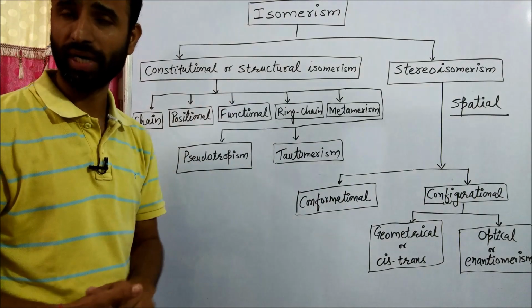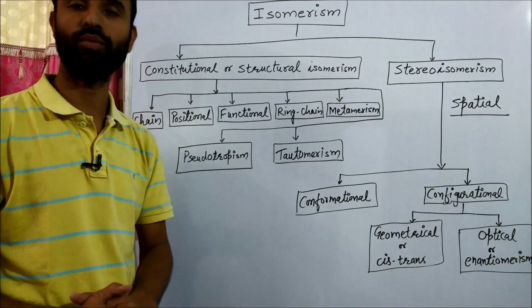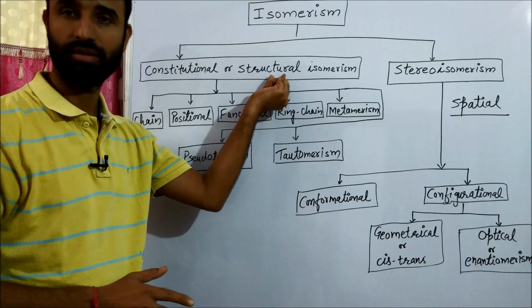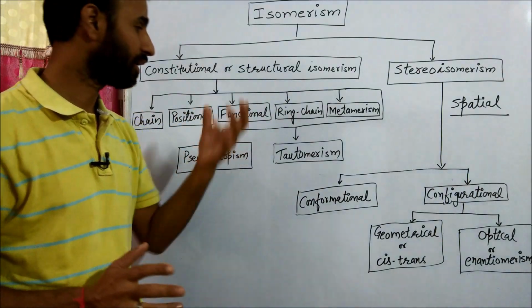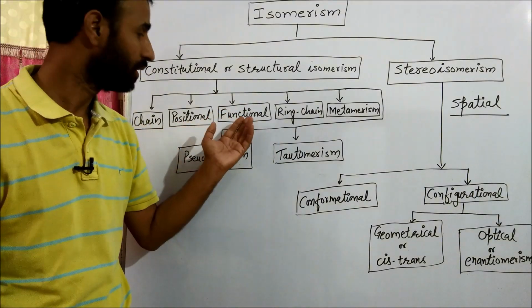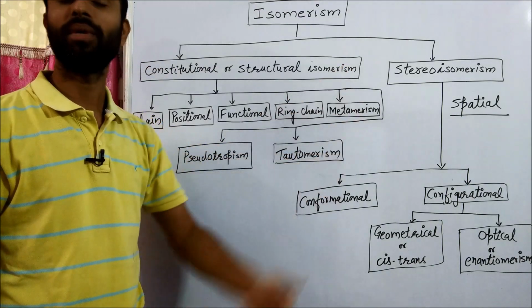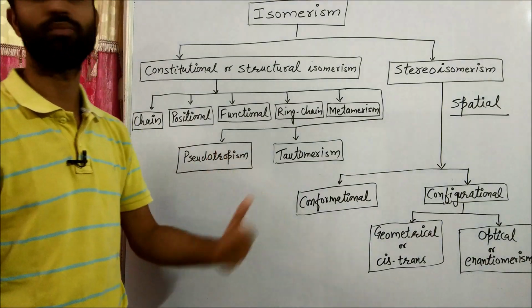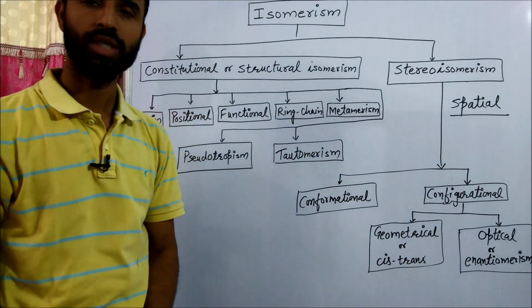It can be defined as different molecules having the same molecular formula but different structural arrangements, and they are classified as chain, positional isomerism, functional isomerism, ring chain isomerism, metamerism, tautomerism, and pseudotropism.